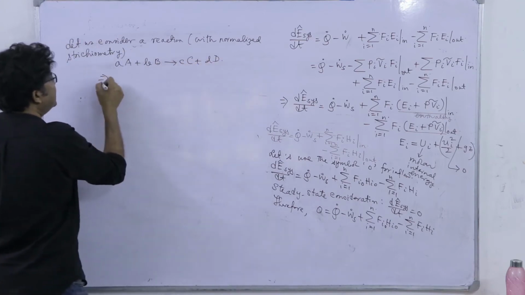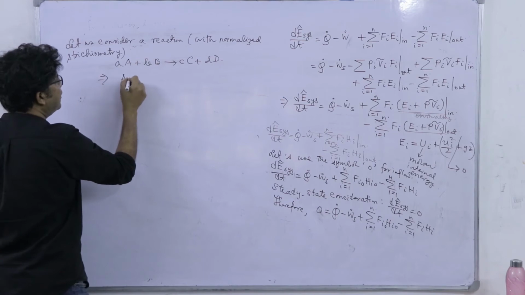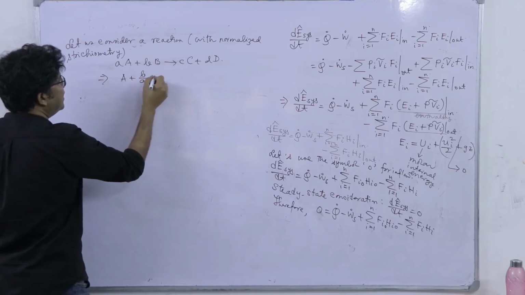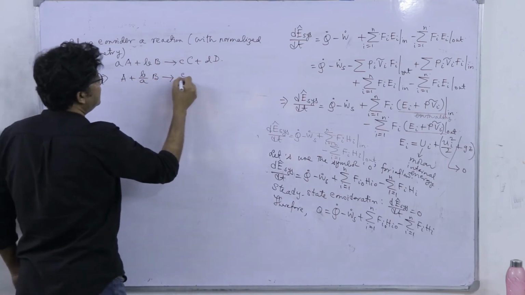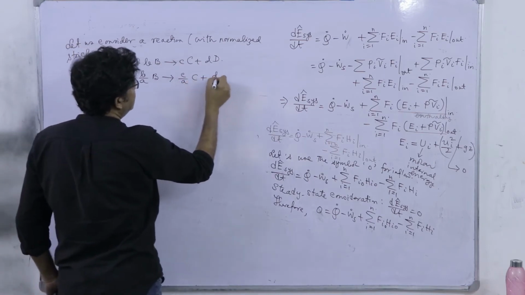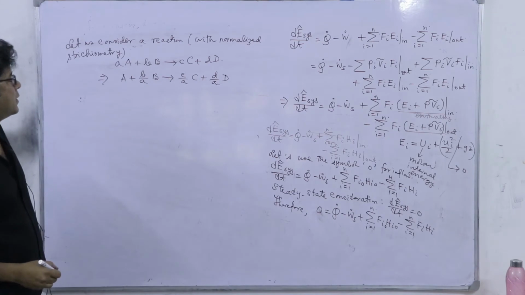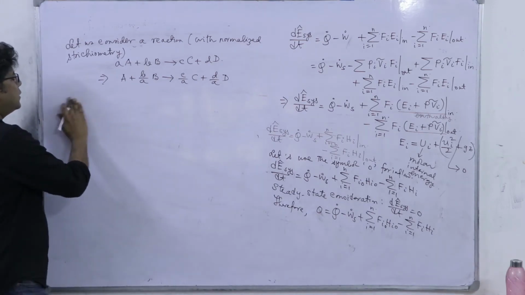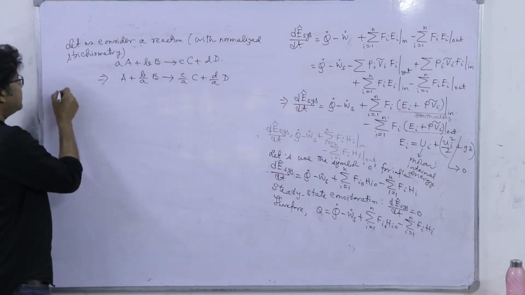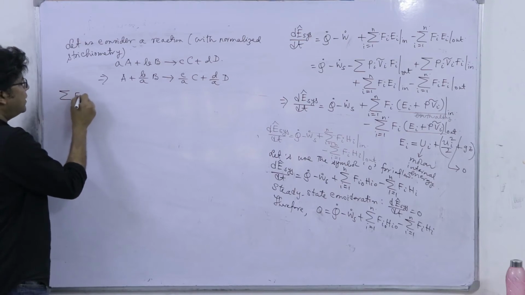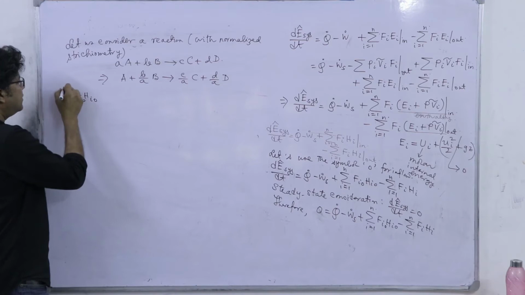So what do we write? What is the normalized form? A plus b by a B giving c by a C plus d by a D. Right. So now you see this summation Fi0 Hi0. How can we write it?